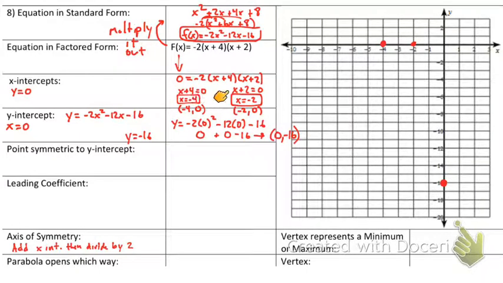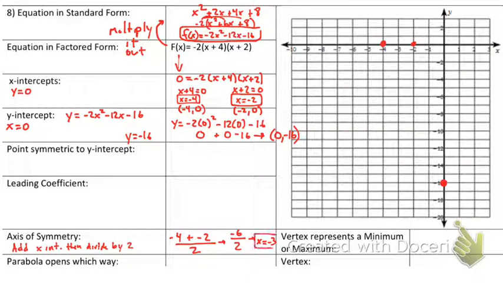So negative 4 plus negative 2. And whatever answer I get, I divide by 2. So if we do this, negative 4 plus negative 2, that gives me negative 6. Divide that by 2. And my axis of symmetry is always x equals, and then we do this math, negative 6 divided by 2, that's negative 3.